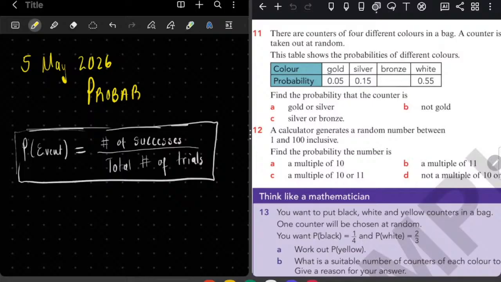This is day 3, so write Probability Day 3. Did you write Probability Day 3?